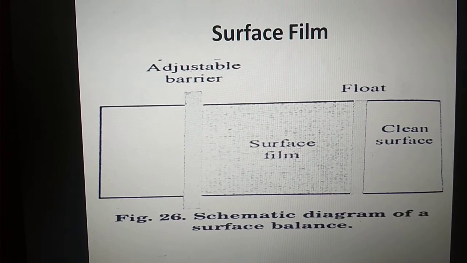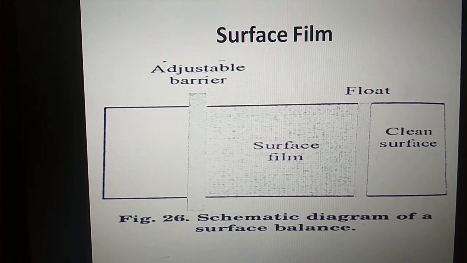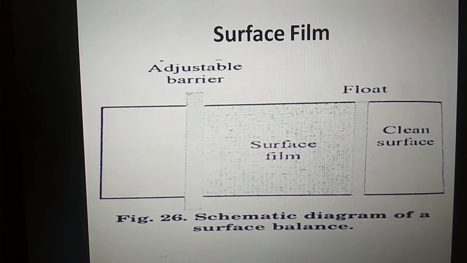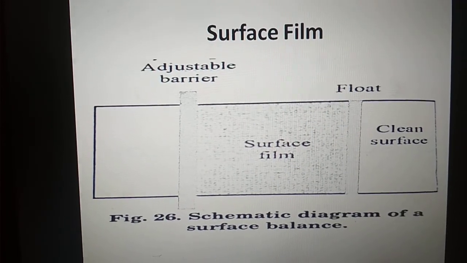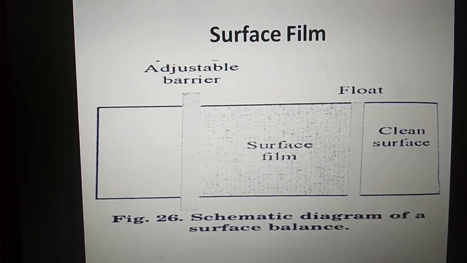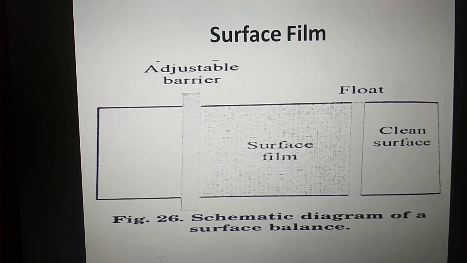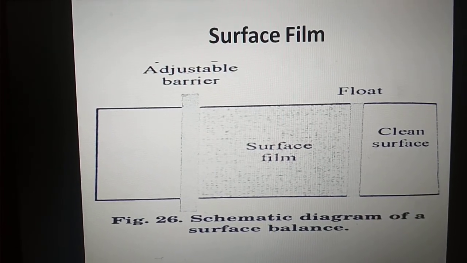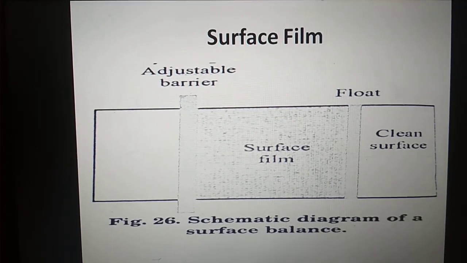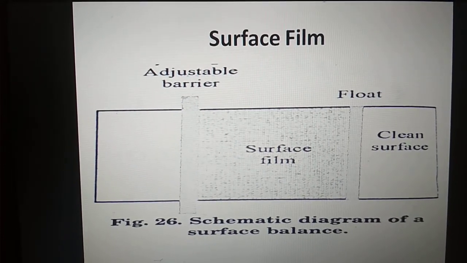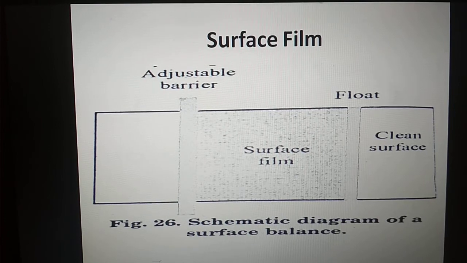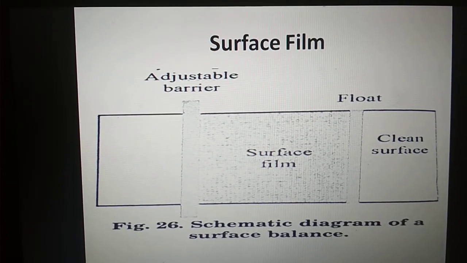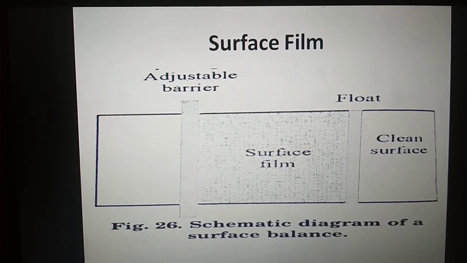Suppose gamma 0 and gamma are the surface tension of pure water and of the monolayer respectively. Gamma 0 pulls the float to the right, and the surface tension of the monolayer covered water, gamma, pulls the float towards the left.